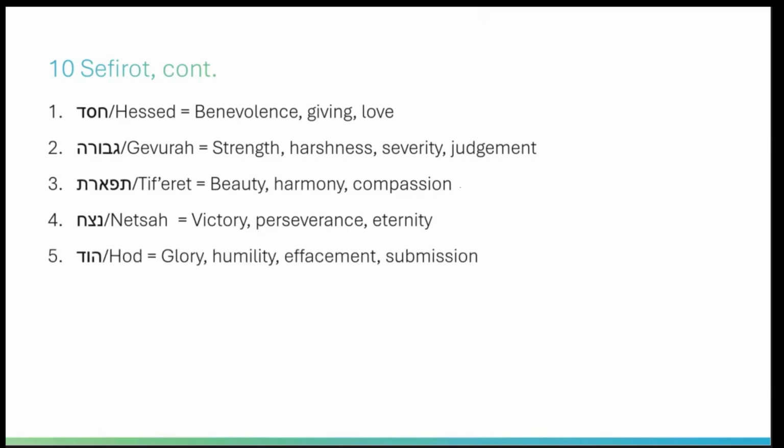Number 5 is Hod. Hod is literally translated as glory, but in Chabad thought it's correlated very much with the concepts of humility, effacement, and submission. It's related to the word hoda'ah, which is thankful acknowledgement. We say in the prayers, modim anachnu lach, we are thankful to you. What is thanks?